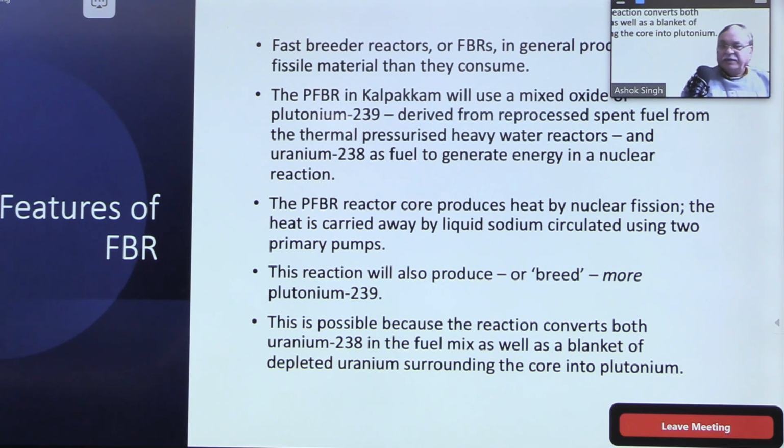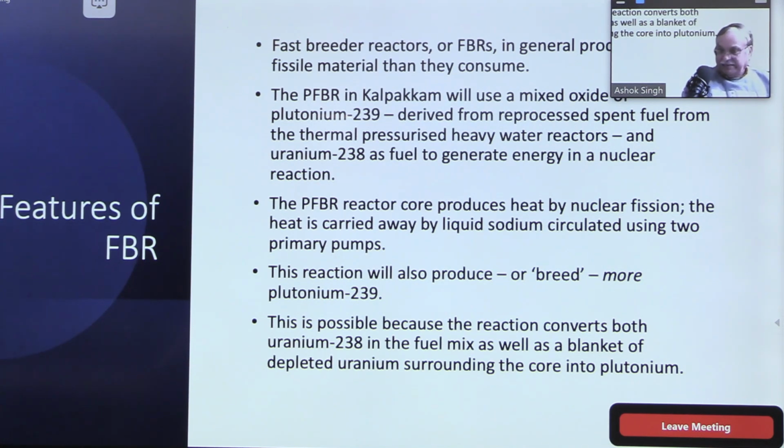However, there is liquid sodium used in this reactor. This is not a moderator. This is a coolant. It will carry away the heat produced by the nuclear reaction. And there are pumps which will pump that liquid sodium around the reactor.